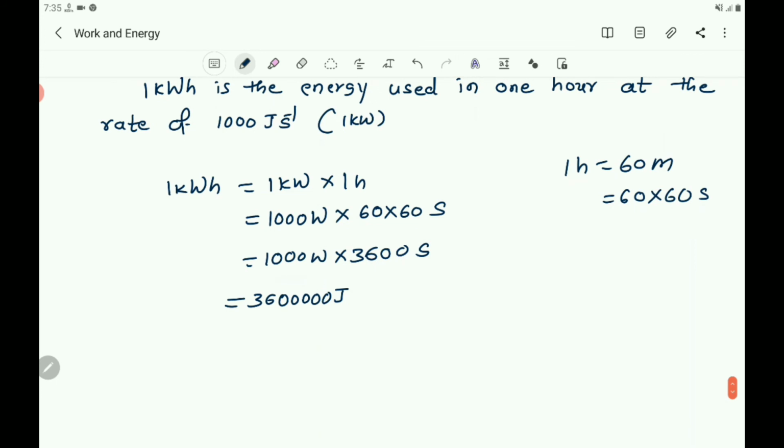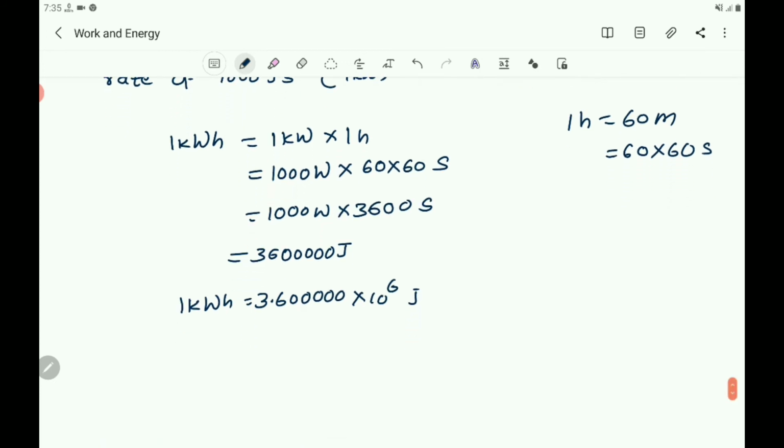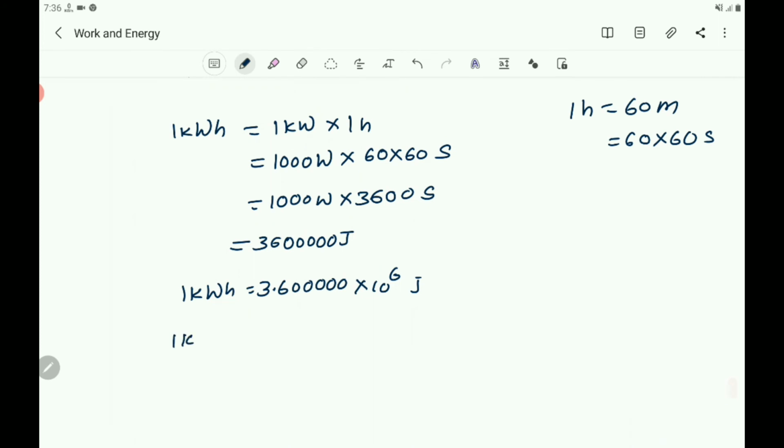And you can write 1 kilowatt hour equals 3.600000. Here 6 digits are taken after the decimal point, so it becomes 10 power 6 joules. You can leave the trailing zeros as they have no value, so you can write 3.6 into 10 power 6 joules.